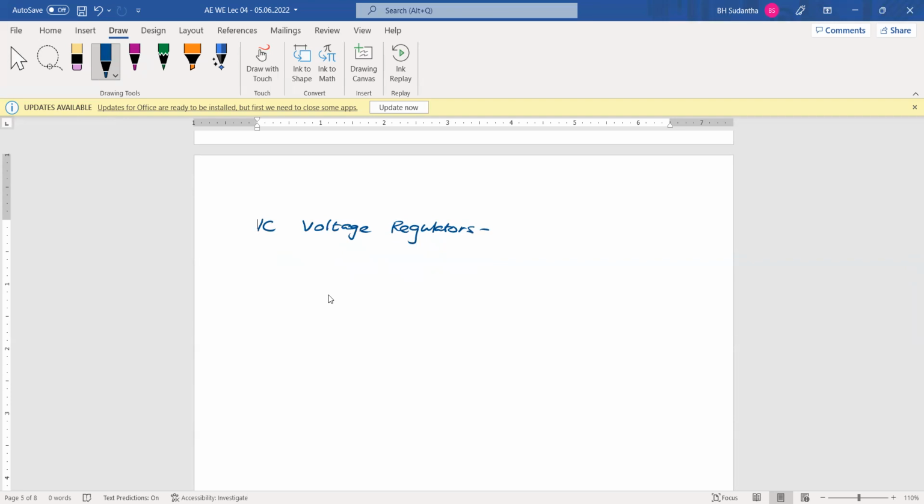The chips are there to do the voltage regulation. The very common IC type is the 78 series, the positive voltage regulators.